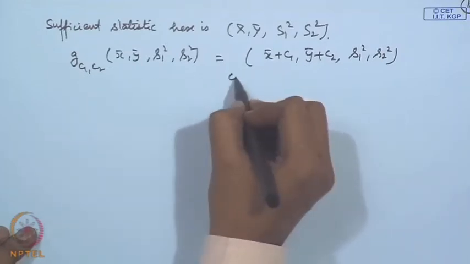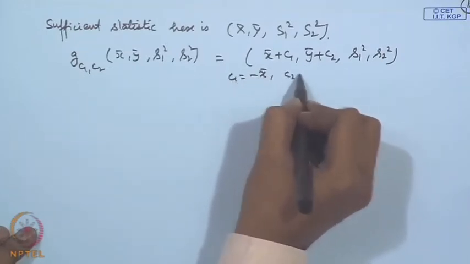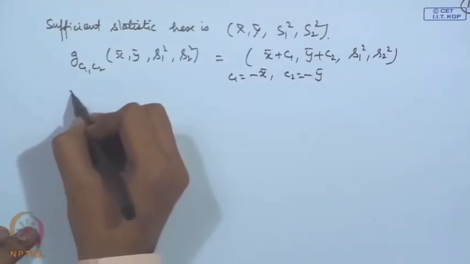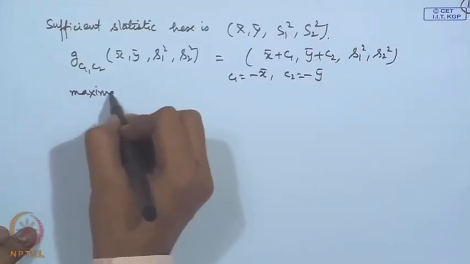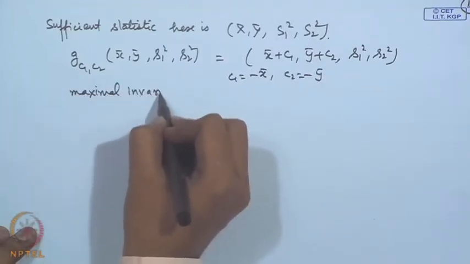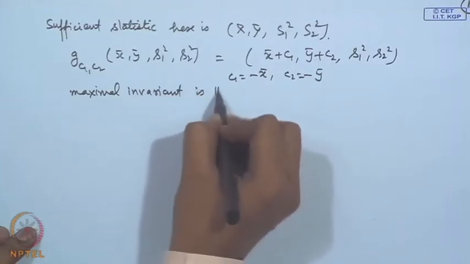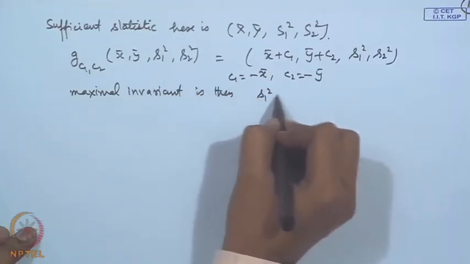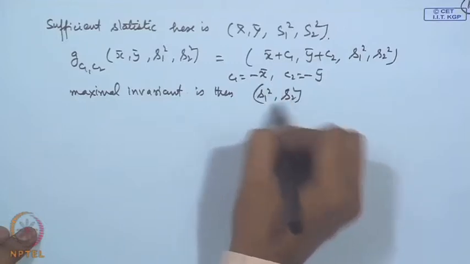So, if I choose C1 equal to minus x bar, C2 equal to minus y bar, the maximal invariant is then S1 square, S2 square.